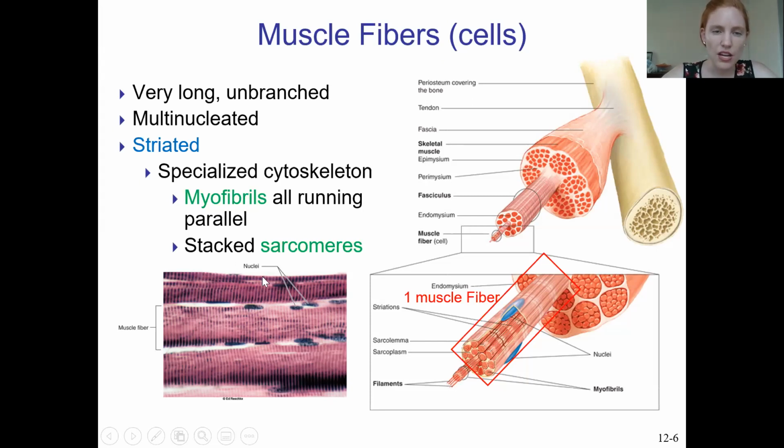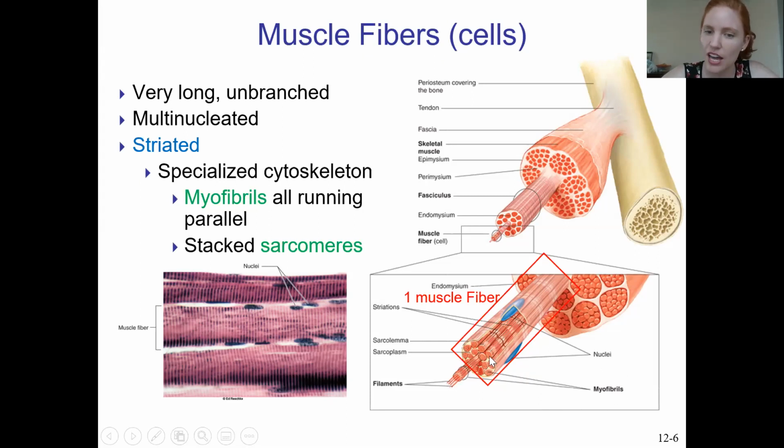Now, inside there, it is absolutely just packed with these long myofibrils. If you look at this picture right here, here is one full muscle fiber, one full cell right here. You can tell here are the nuclei. So one single cell there. And then running inside, we have packages of these long protein fibers. Those protein fibers are called myofibrils.